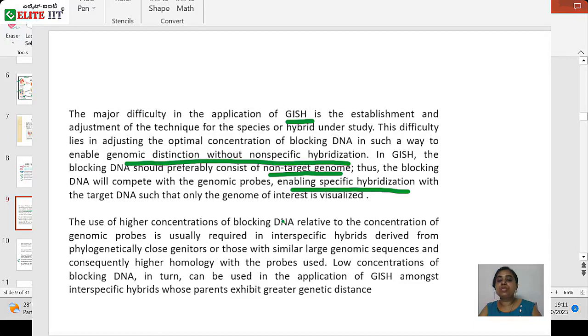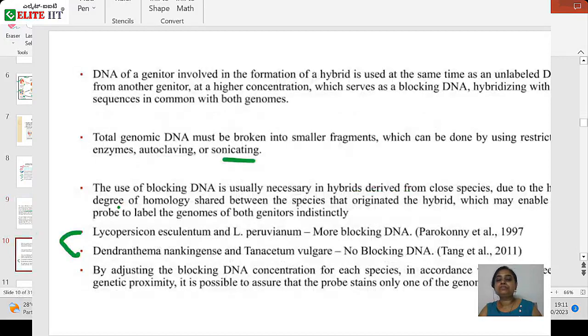In order to do that, we are using blocking DNA in this process. In this process, DNA of a progenitor involved in the formation of the hybrid is used at the same time as an unlabeled DNA.